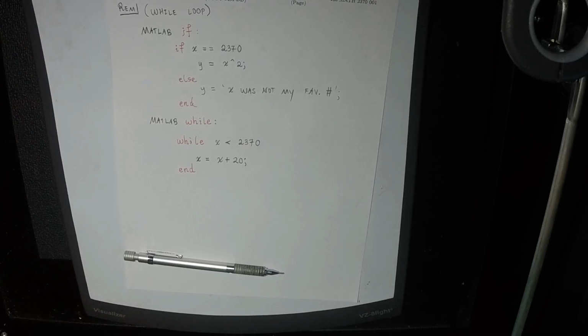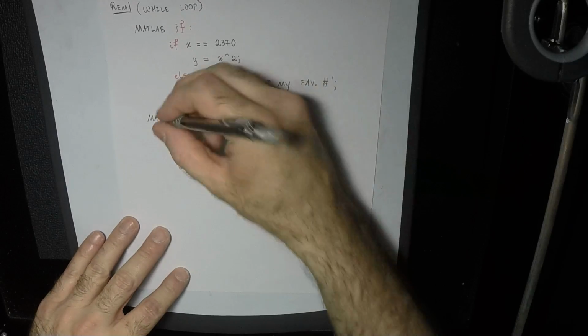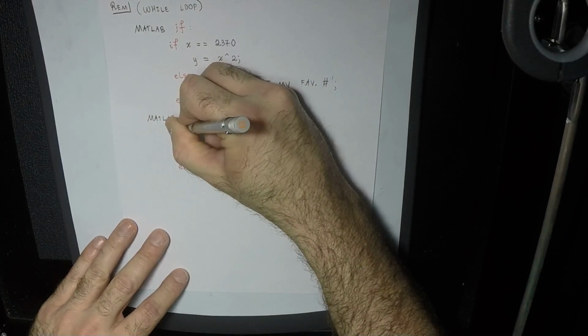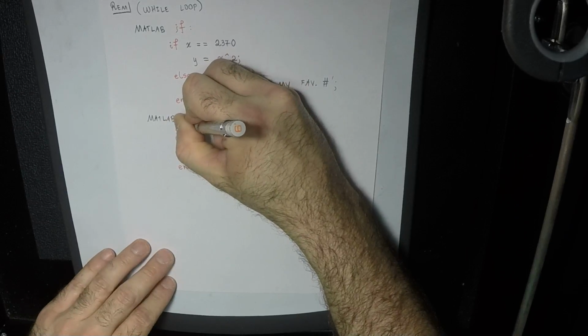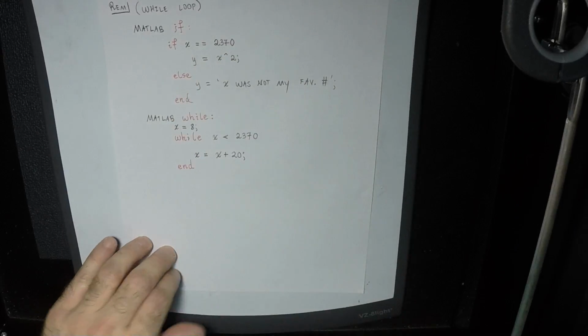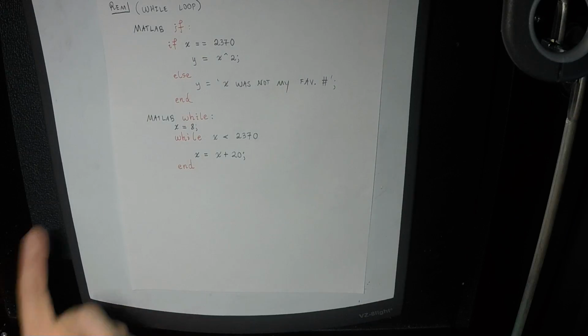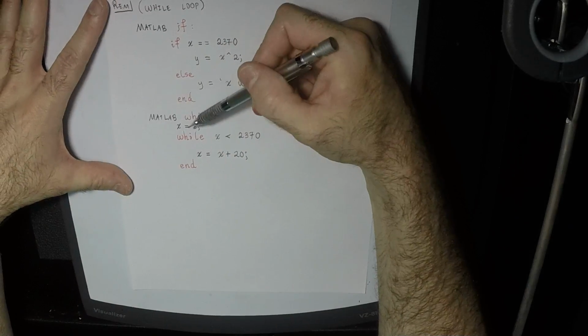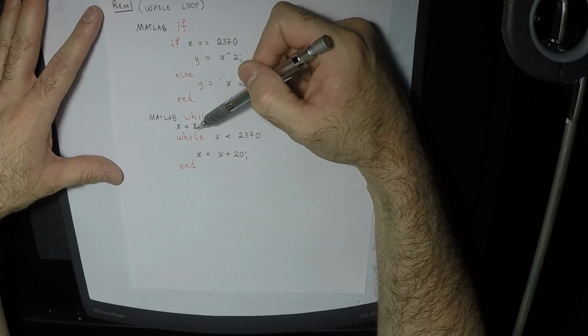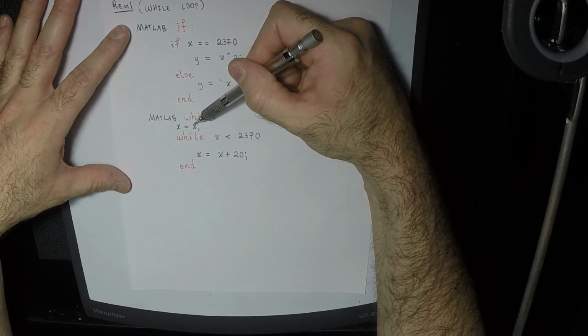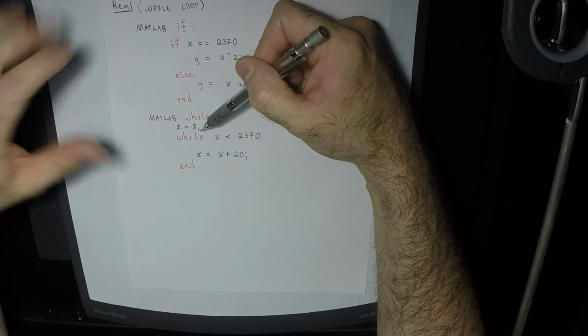Okay, so let's give an initial value for x before the while and say something like, okay, let's write x is equal to 8. So now MATLAB will execute this without error. What's going to happen is the following. MATLAB will come to the statement x equal 8, assign the value, and say, got it, fine, x is 8.